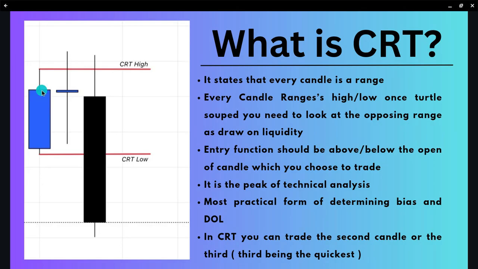This can be the 4 hour, 1 hour, 15-minute, anything. One side of the range, once it's taken, turtle souped, it is the precursor that your drawn liquidity shall be the opposing range. It's as simple as that.